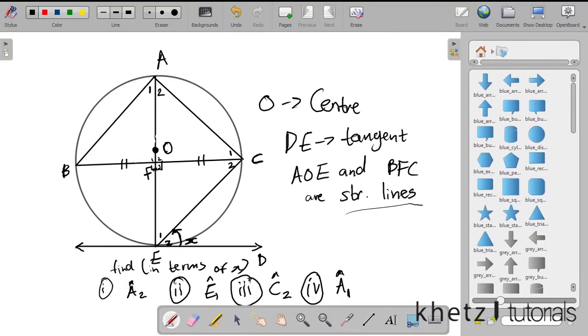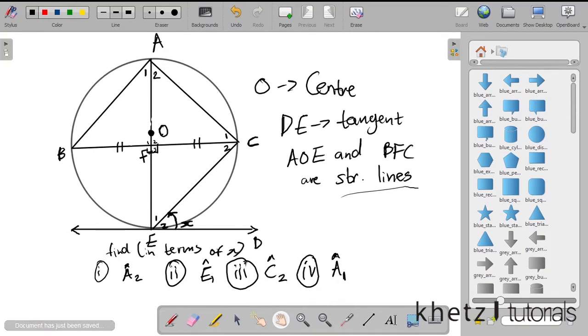And we are asked to find the following: A2, E1, C2, and A1. So okay, let's start. In terms of X, because this E2 is given to us as X, we're asked to find those values in terms of X.